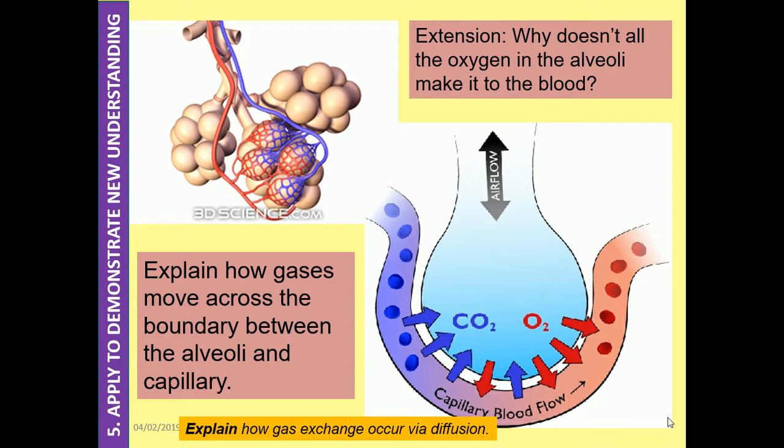There's no change in the concentration between the alveolus and the blood. So there's some oxygen in the blood, there's some oxygen in the alveolus, and the concentration is equalized. So the only way we could move the extra oxygen across would be a process like active transport, which doesn't happen in the lungs. So diffusion stops there, and then we exhale the remaining oxygen.